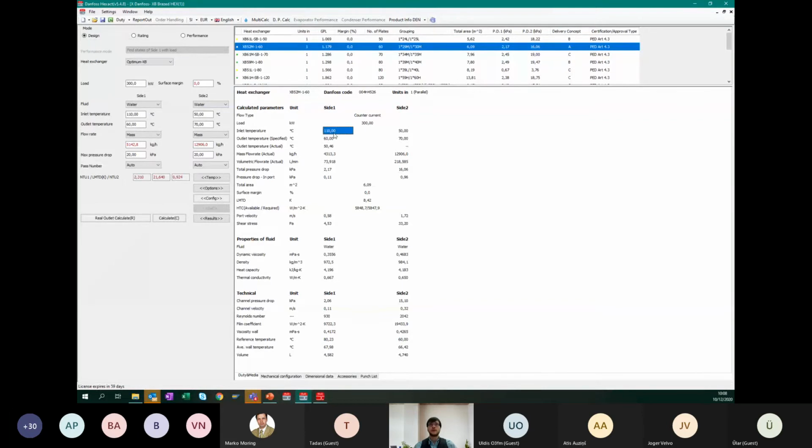And now I see that instead of 110 to 60 degrees on the primary, and instead of 5,000 kilograms per hour mass flow rate on the primary side, my XB52M here will end up with an outlet and flow rate of 4.3 tons per hour, or 4,300 kilograms per hour.